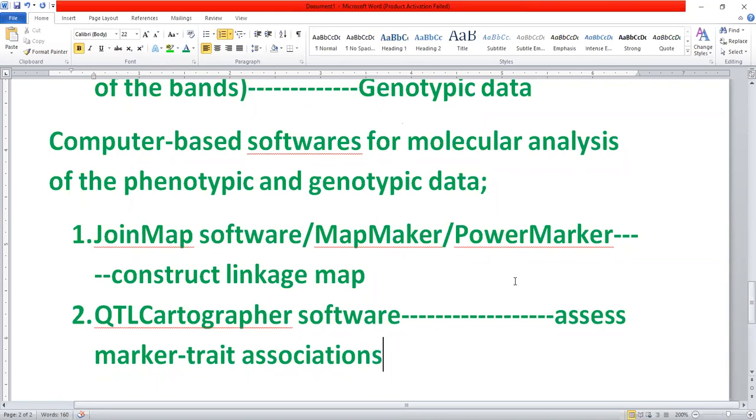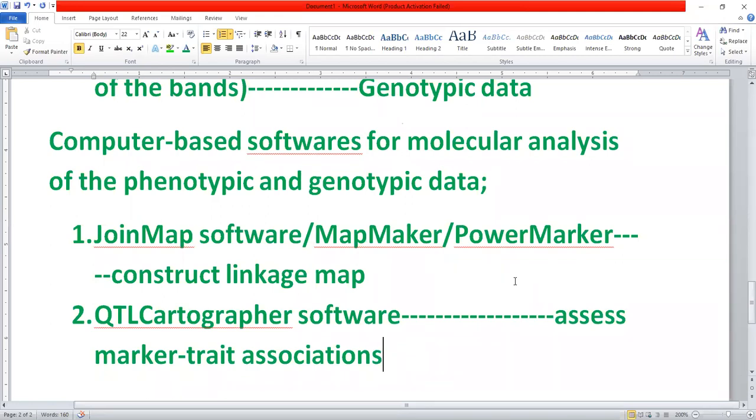Maybe out of the 250, about 220 markers are located on specific linkage groups. They are present in a linkage group, and this group will show which markers are present together as a whole on a specific chromosome. Then by using the QTL Cartographer software, we will determine the marker trait associations.